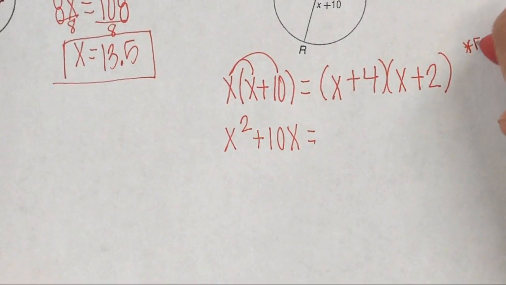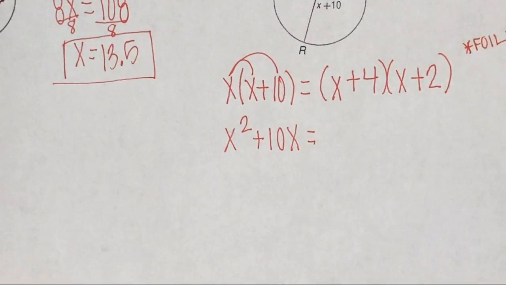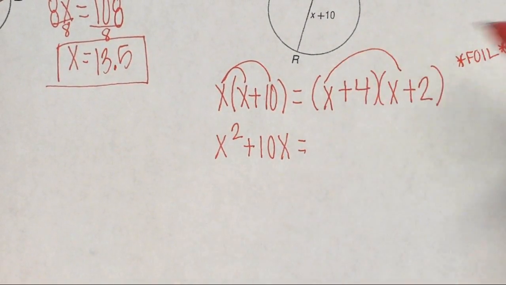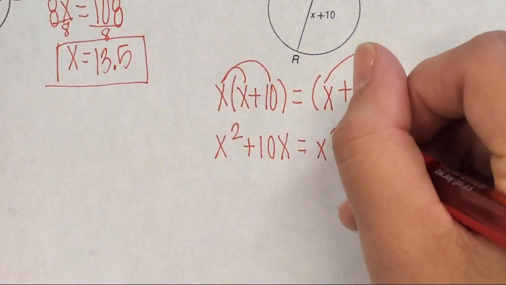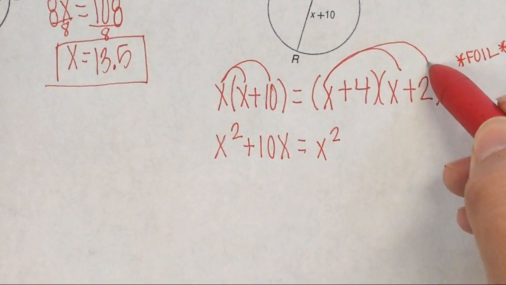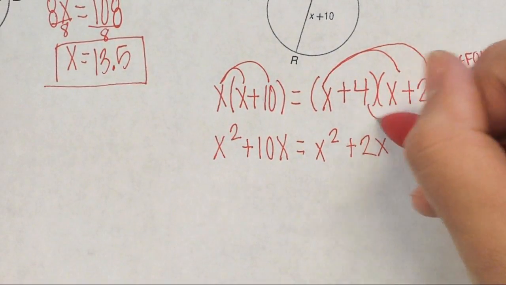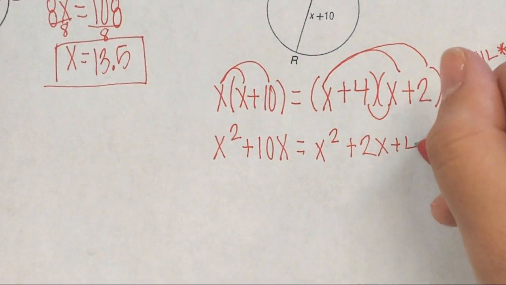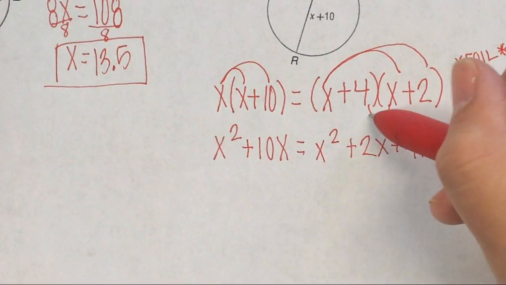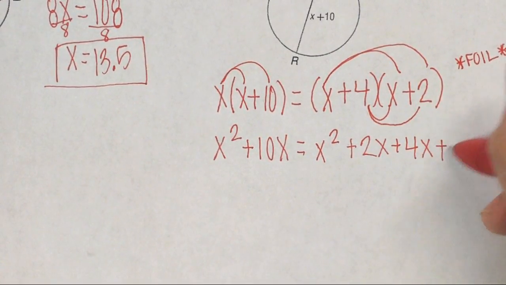You have to FOIL this side. First, outer, inner, last. So first times first is outside times outside. Inside times inside. And then last times last.